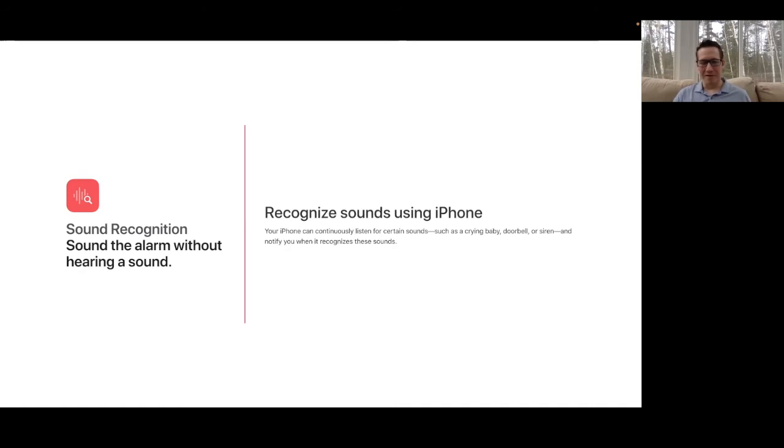So I tried it out, put the phone down and pretended to cough. Then an alert popped up on my phone and said, detected a cough. It was pretty neat. I was impressed. And you can customize the sounds too. Say you wanted the doorbell to give you an alert. You can customize all these different alerts, so you'll know the difference between the doorbell and a baby crying. So yeah, pretty impressive.